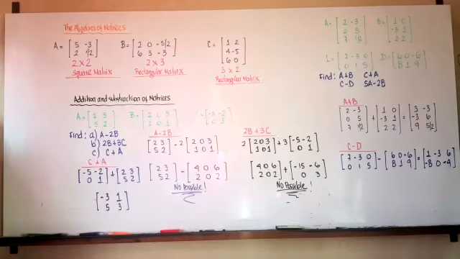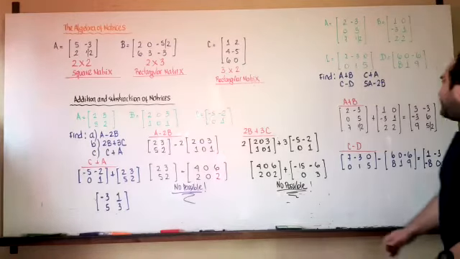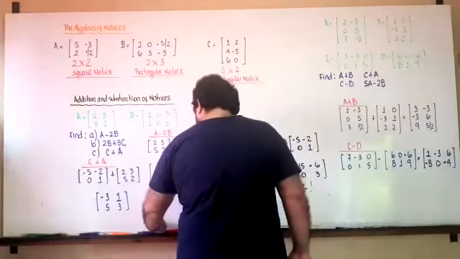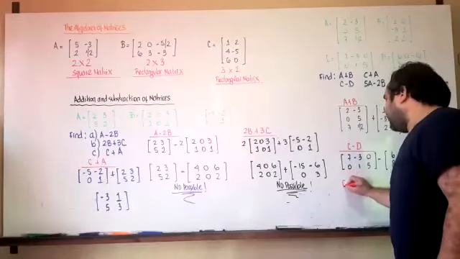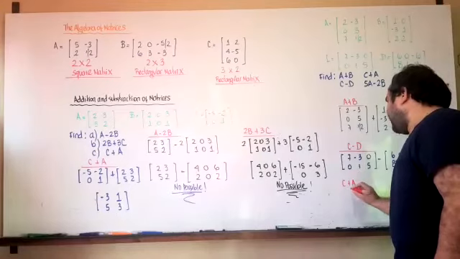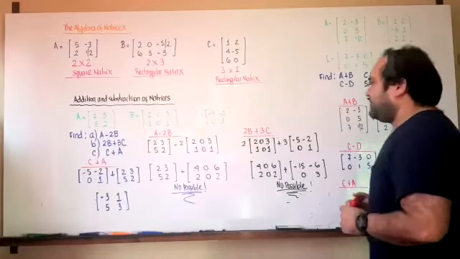We have A plus B, C minus D. Another one, C plus A. Let's see what we got.